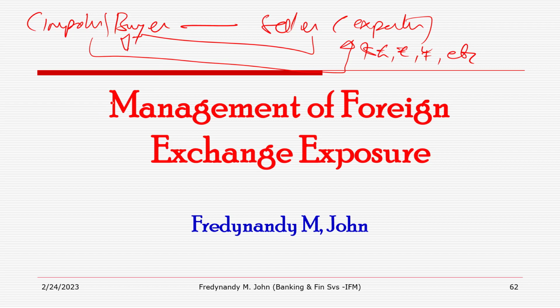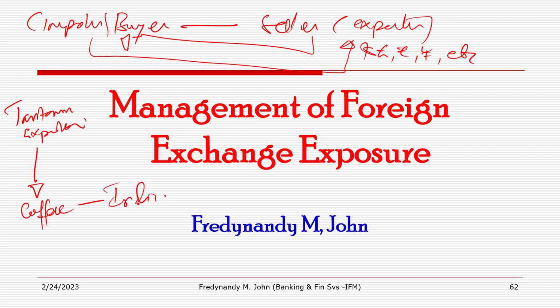Now, this is the thing. Suppose that we have a Tanzanian exporter. Let's assume that he has exported coffee to India, where he will be paid in Indian rupees, let's say 2 million.